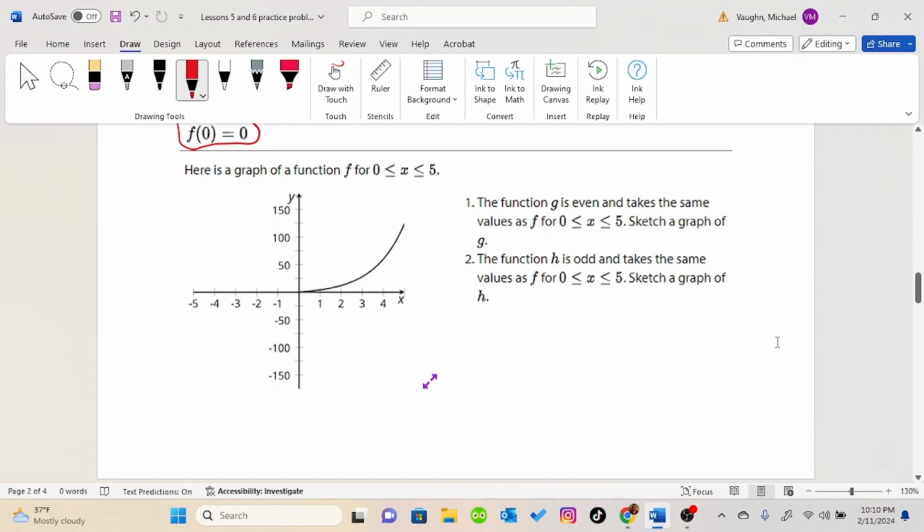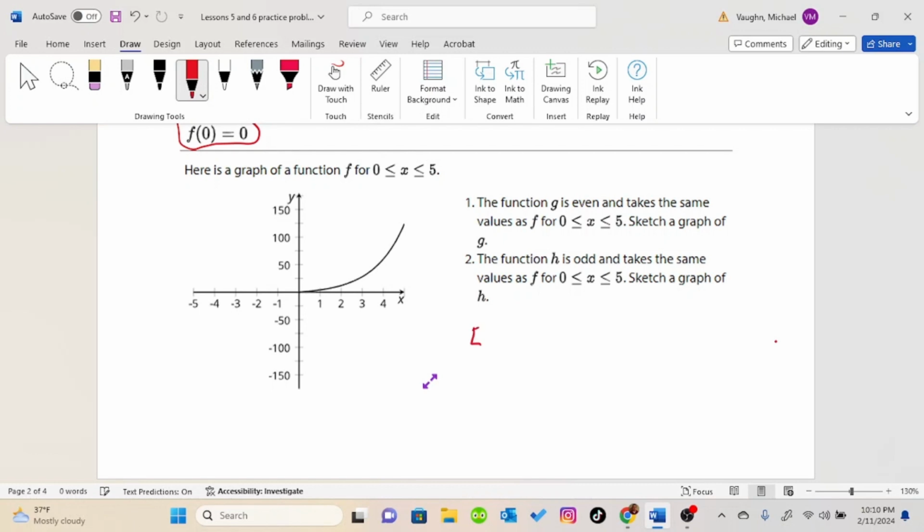Here is a graph of a function f for x values between 0 and 5, both included. Number 1, the function g is even and takes the same values as f for 0 to 5, both included. Sketch a graph of g.